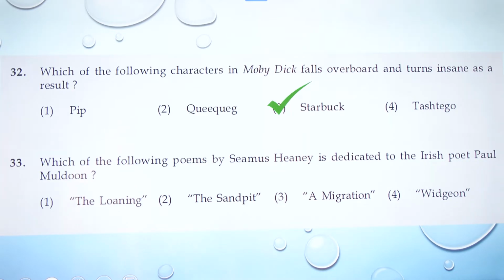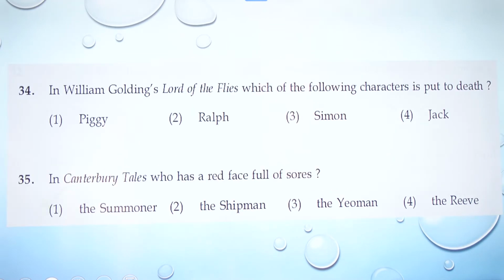Number 1, The Loaning, number 2, The Sandpit, number 3, A Migration, number 4, Vision. And the correct option is number 1, The Loaning. 34. In William Golding's Lord of the Flies, which of the following characters is put to death? Number 1, Piggy, number 2, Ralph, number 3, Simon, and number 4, Jack. And the correct option is number 3, Simon.